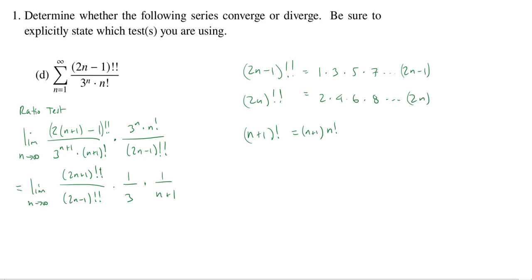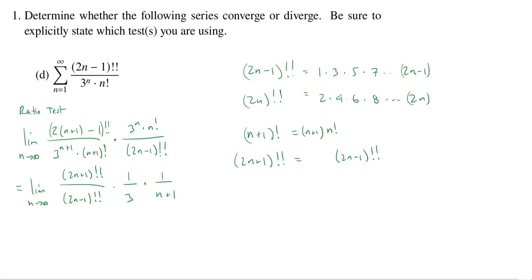Okay, the only thing that's a little bit wonky still here is this double factorial, but what does that mean? Well, notice 2n plus 1 and 2n minus 1 differ by 2. So 2n plus 1 double factorial, that's just the next in the sequence of double factorials, just like n plus 1 factorial was the next in the sequence after n factorial. So this is equal to what you'd get if you did 2n minus 1 double factorial.